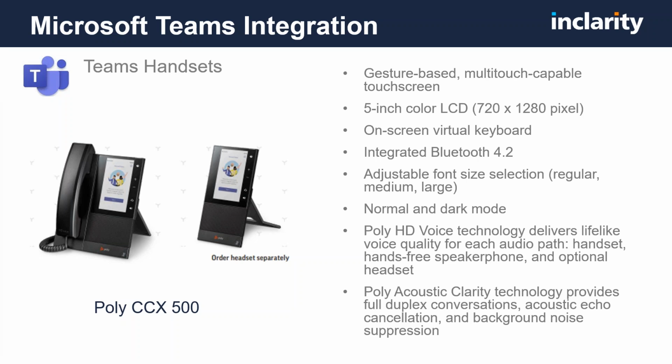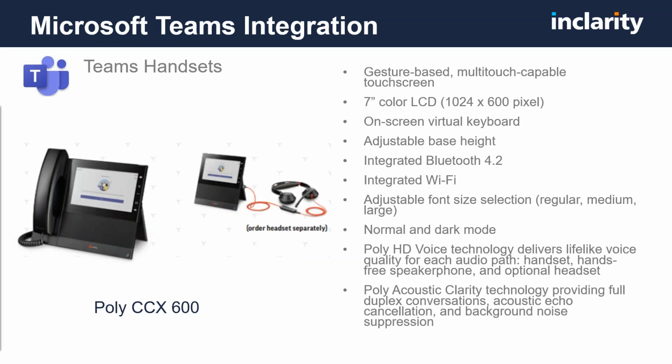And then the final handset we have is the Polycom CCX 600. This is a slightly wider phone. It comes with your integrated Bluetooth there, so connect your Bluetooth headsets to it, but it also comes with Wi-Fi available as well.